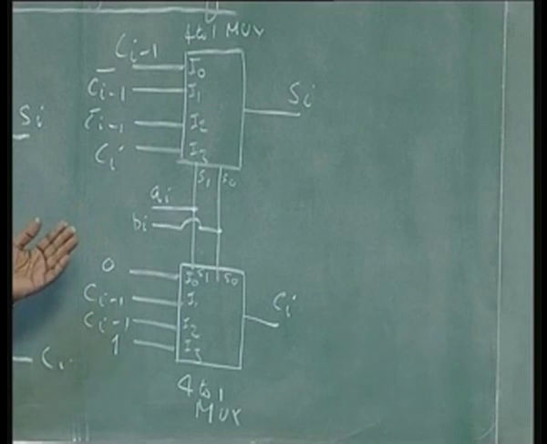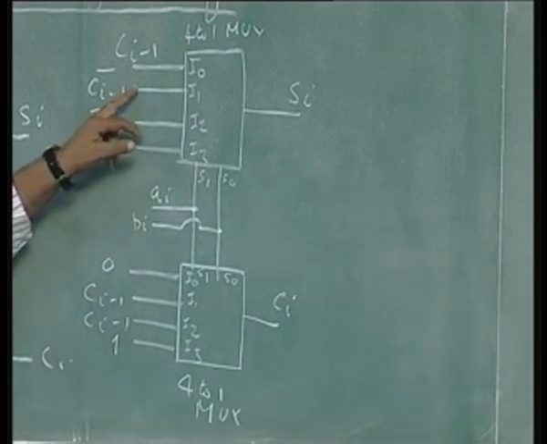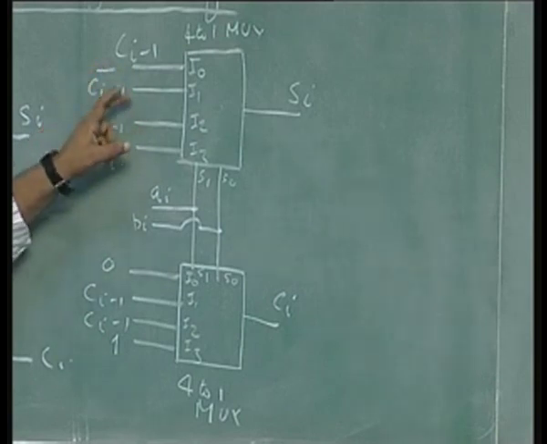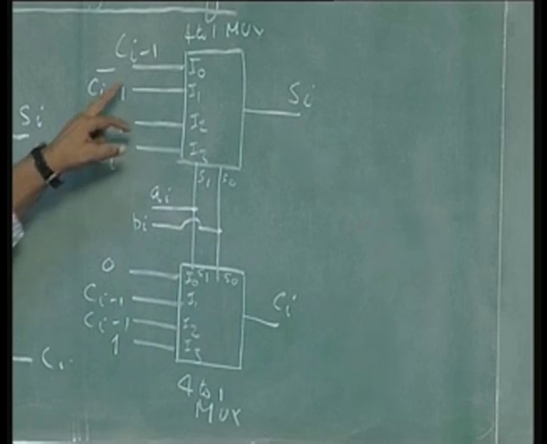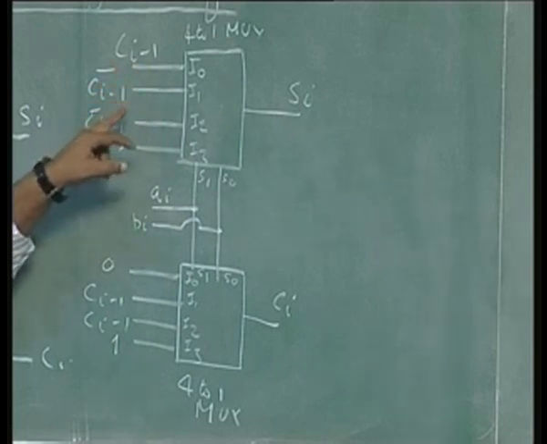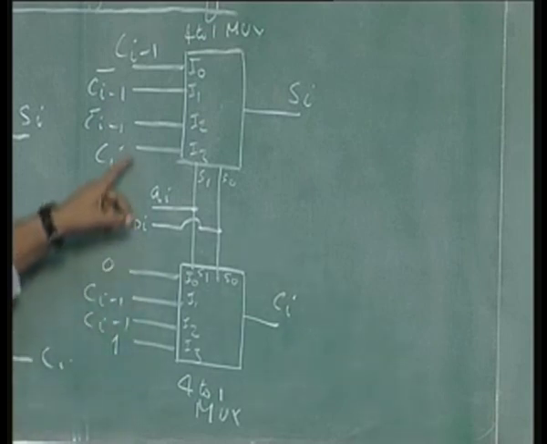I am not using any extra logic per se, but of course, there is only one thing. Ci minus 1 is an input to me, and I can use that input straight away. But an inverter is required, because Ci minus 1 is needed here in true form, in complement form, true form. So I need an inverter.